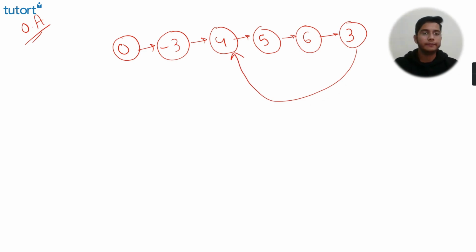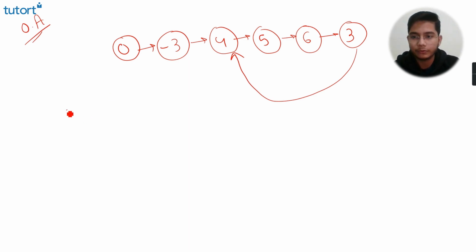So now you have to find if there is a loop in this or not, right? So we will use the slow and fast pointer approach, right? The slow and fast pointer approach is very applicable in the case of linked lists. There are other applications as well if you want to find the middle element, or the cycle, or the intersection, or a lot of applications are there, right?